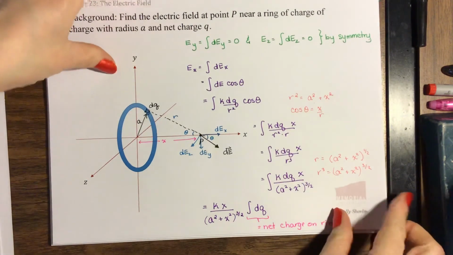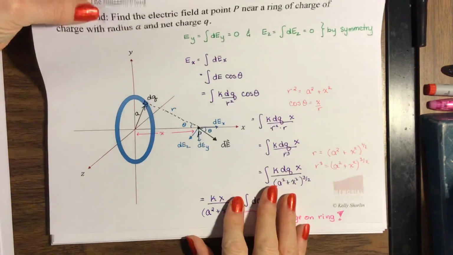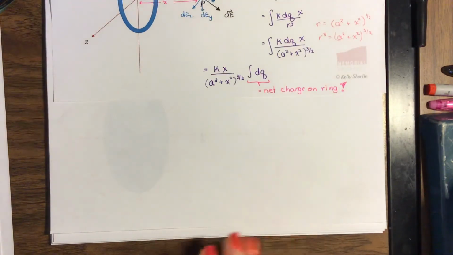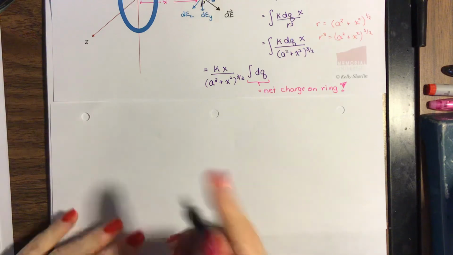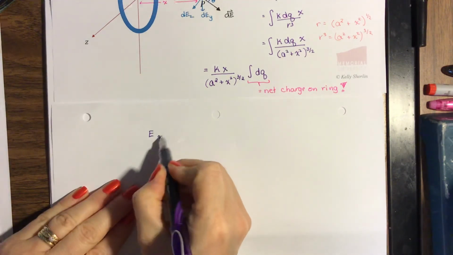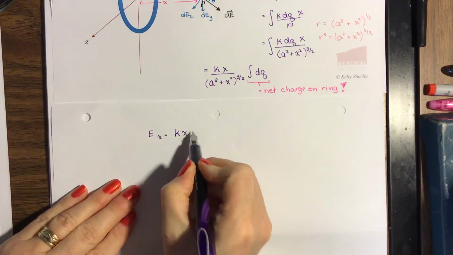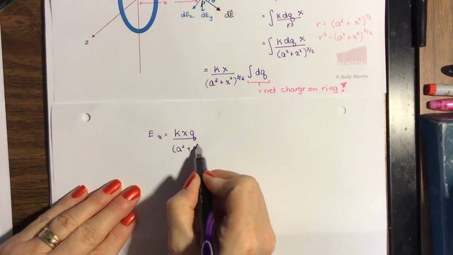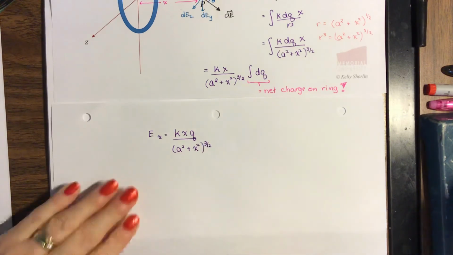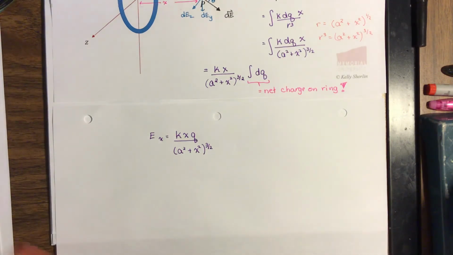So the integral of dq is just q. That gives us our x component of electric field.